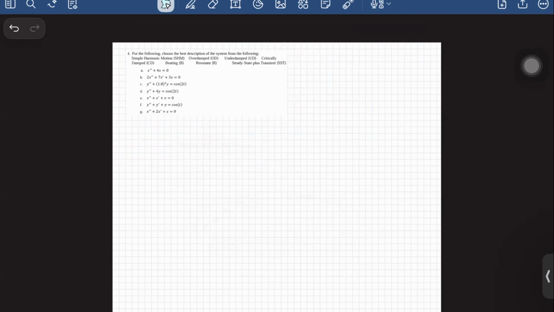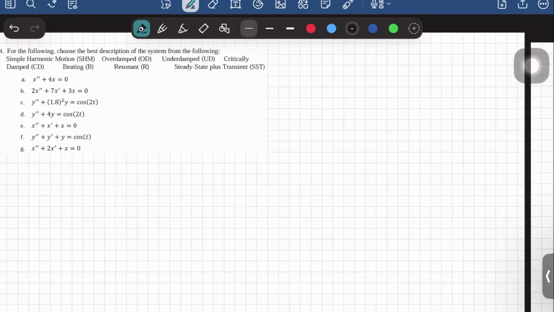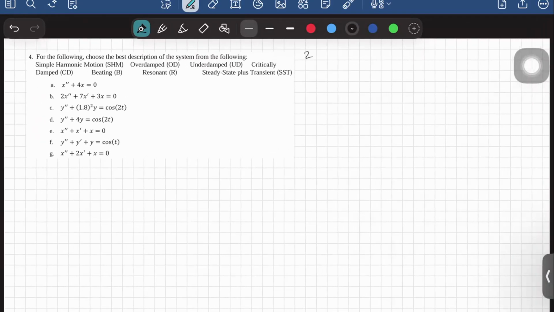Okay. Let's start writing from here. So two things to look at. First, is the equation homogeneous or forced?